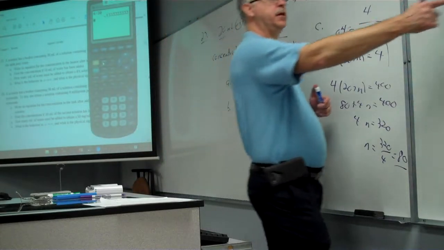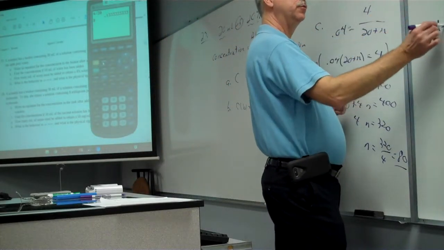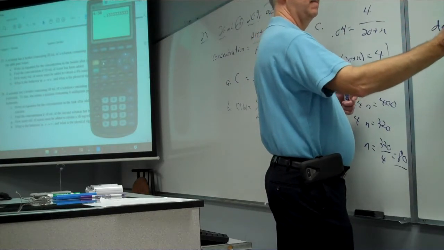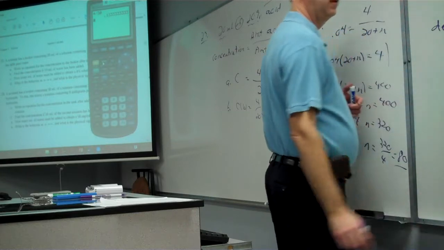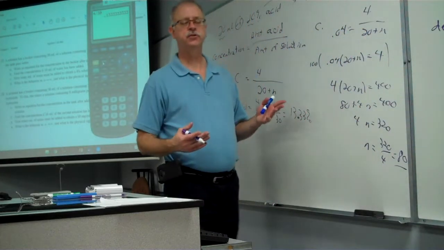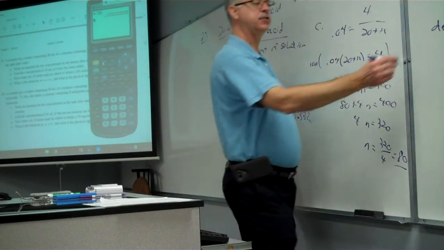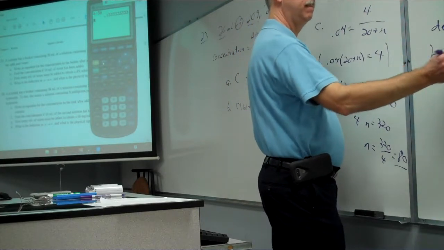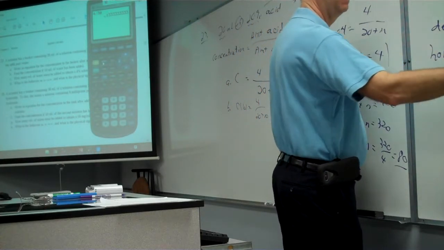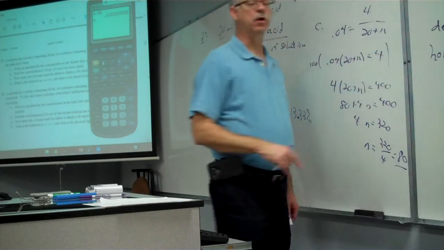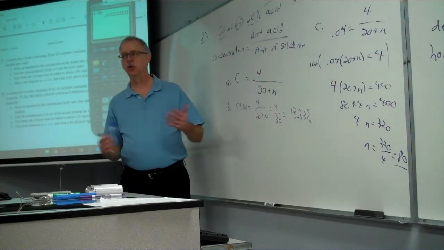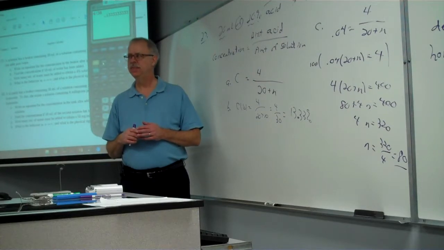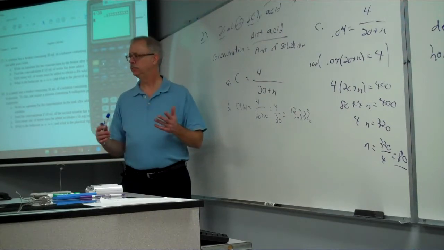The degree of the denominator is larger than the degree of the numerator. When that happens, we have a horizontal asymptote of 0. Or we could just sort of think, if n's really big, 4 divided by a really big number plus 20, then that's going to be a small number.